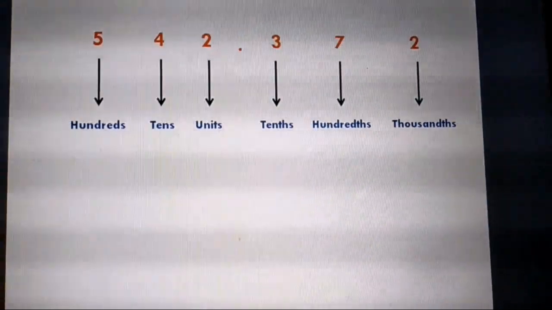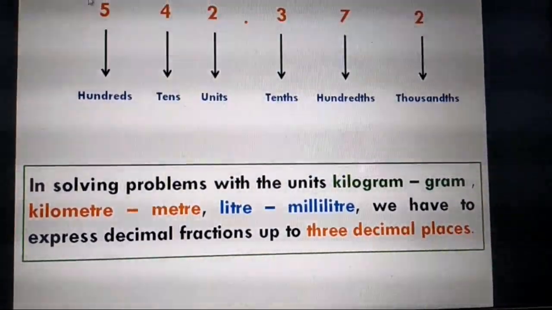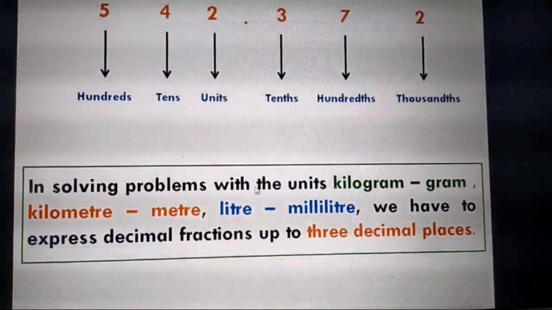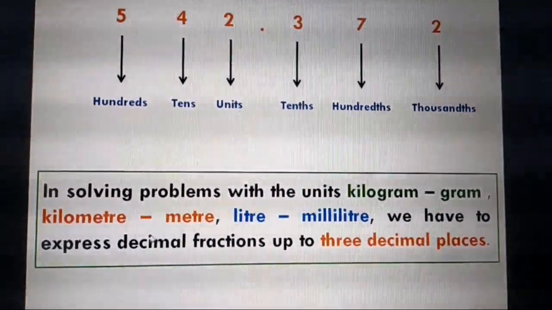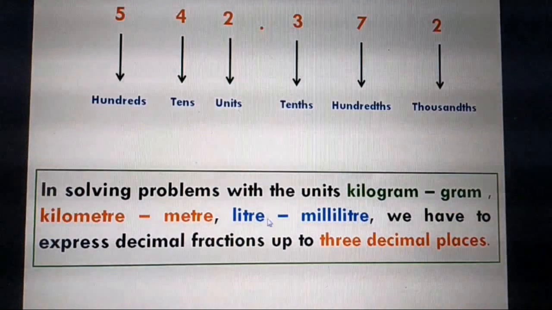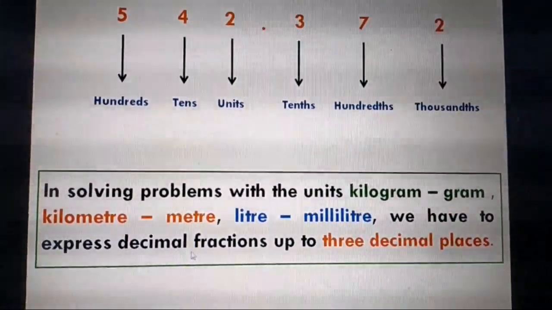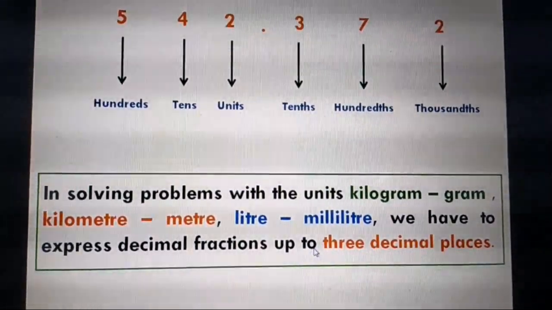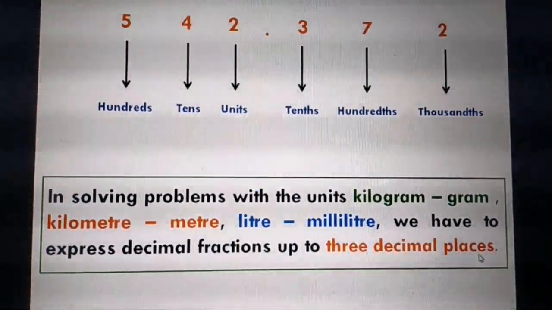Clear? Now the most important part. While solving problems related to kilogram or gram, kilometer or meter, liter and milliliter, we have to express decimal fractions up to 3 decimal places. Why 3 decimal places?